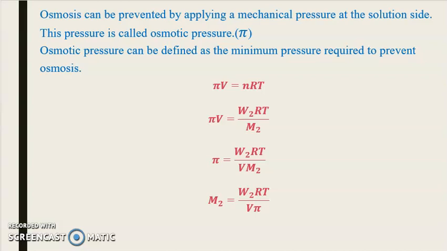When solvent molecules move from the right compartment to the left, the piston will move upwards. So we have to apply a pressure to maintain the piston at its original position. That pressure will be equal to the osmotic pressure. When we apply the pressure, the osmosis will stop. So that pressure required to prevent osmosis is termed as osmotic pressure.